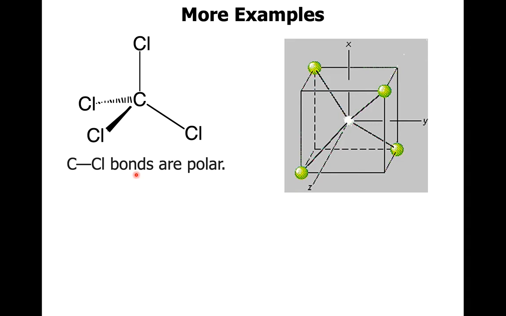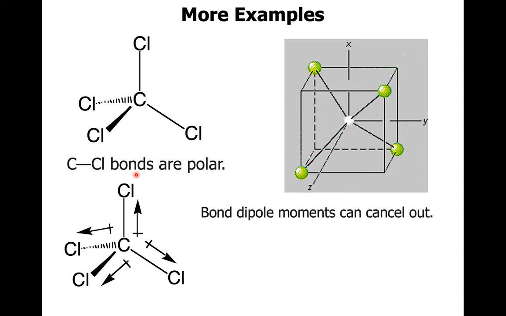Here's another example. So carbon tetrachloride, each CCl bond is very polar. However, due to their structure, all of the individual dipoles cancel out. And here's a good way to visualize a tetrahedral structure for this purpose: you can inscribe it inside of a cube.